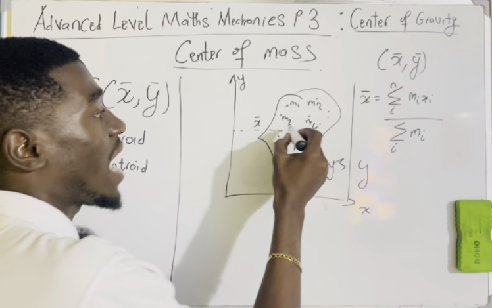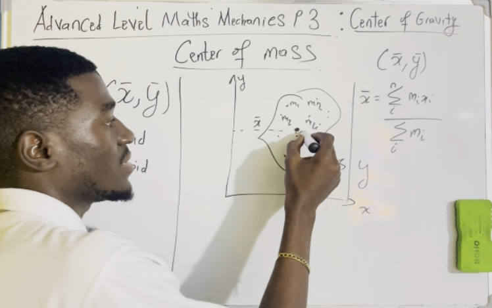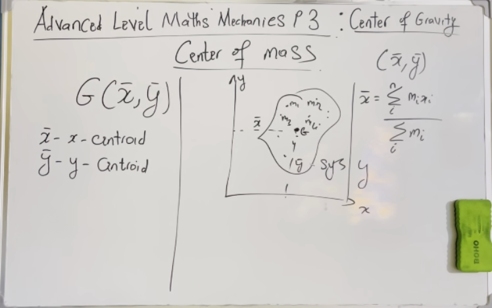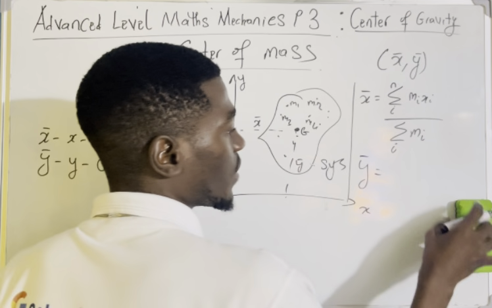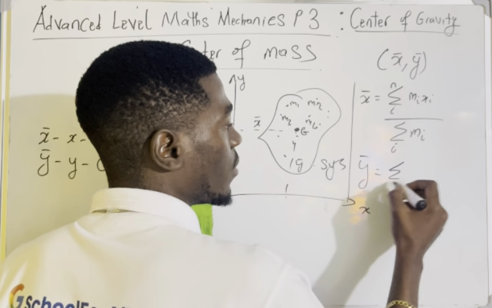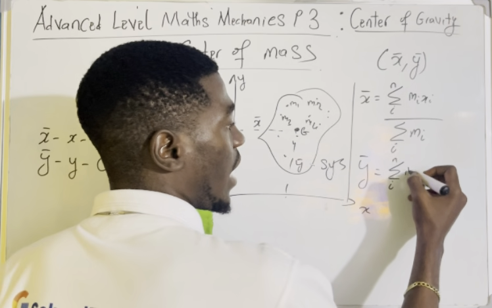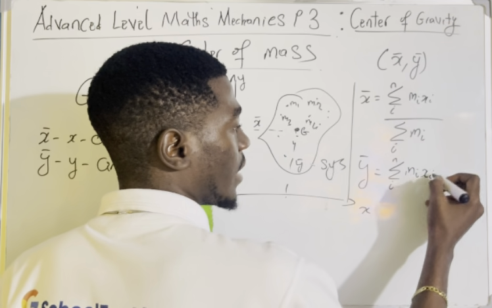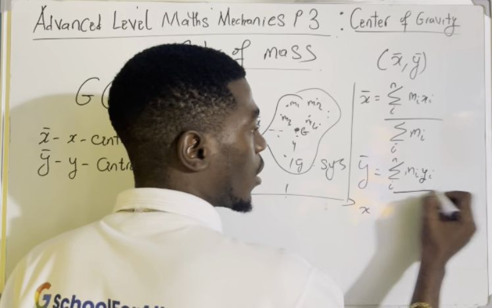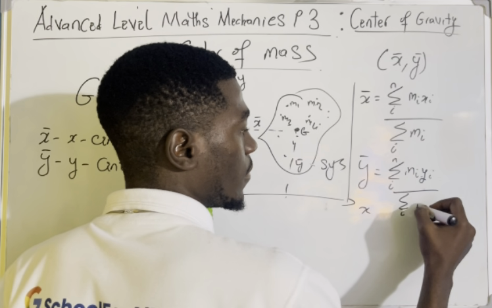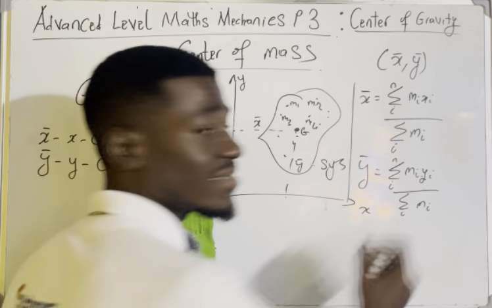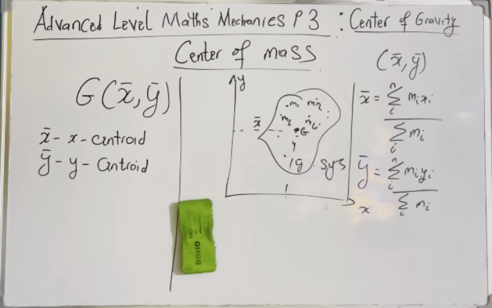If I assume that the center of my mass is here, for the y coordinate now, I will take the sum from i to n, where n is the number of masses I'm having, of mi yi, all over the sum of mi. As simple as that.